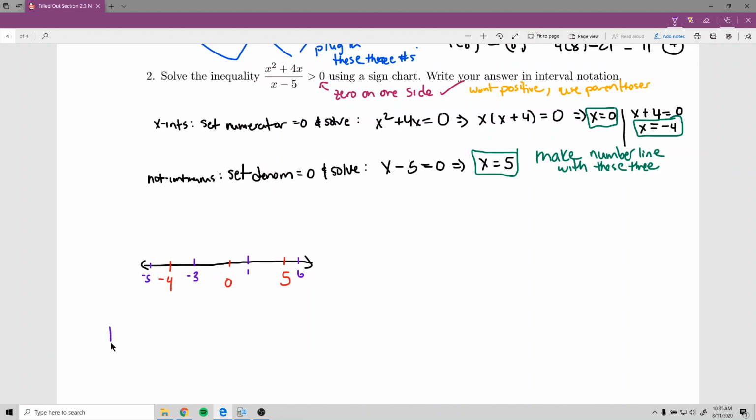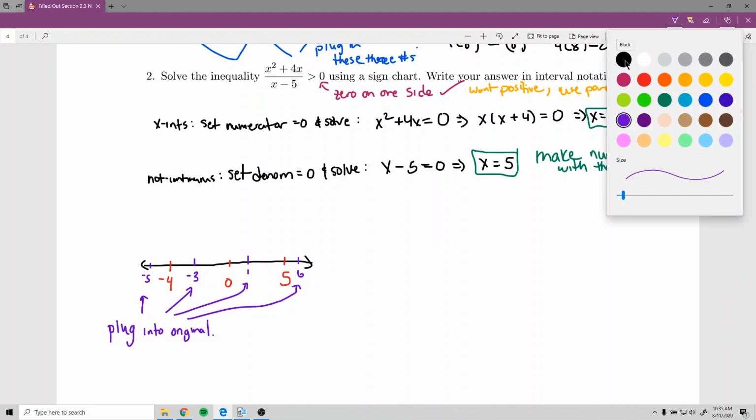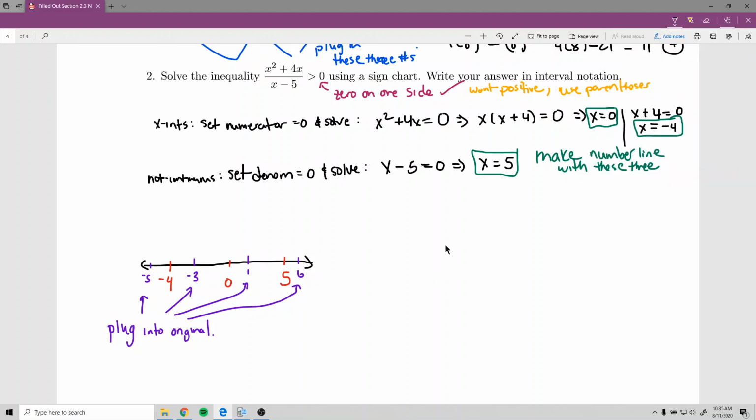So we're going to plug these numbers into the original, and just record the sign like before. We got -5. It's -5 squared plus 4 times -5 over -5 minus 5.